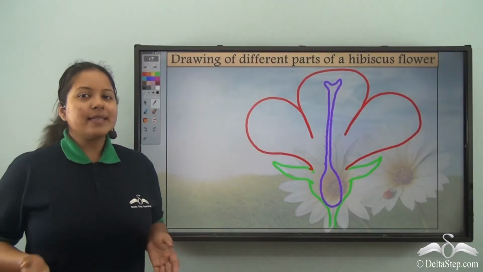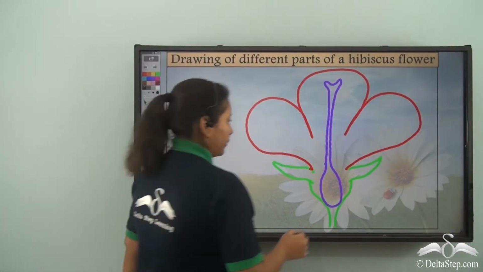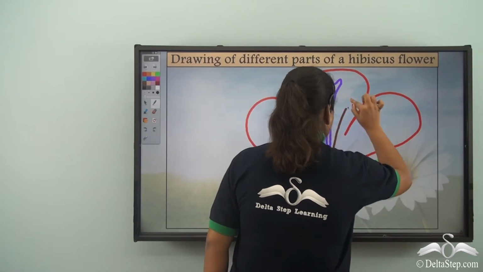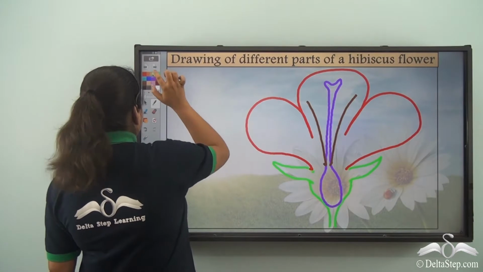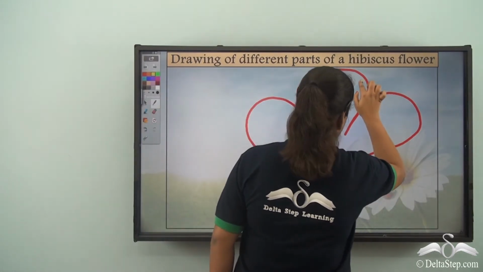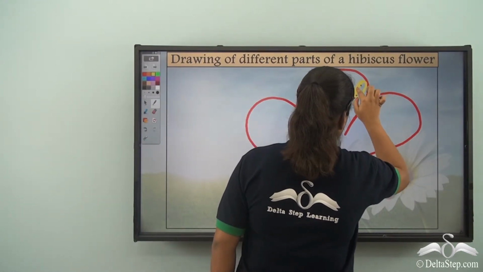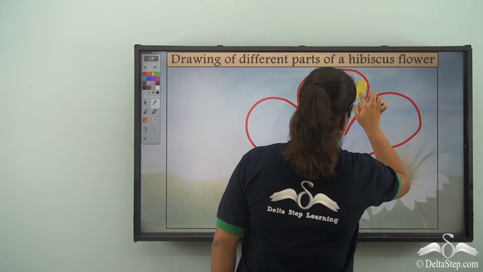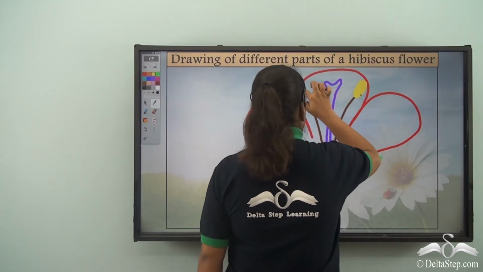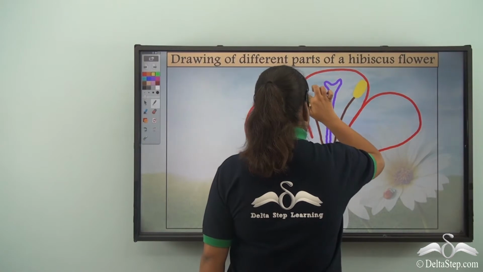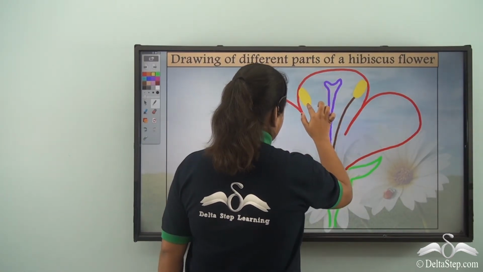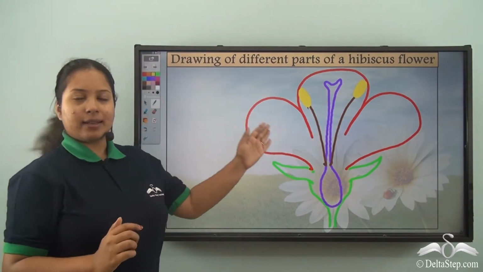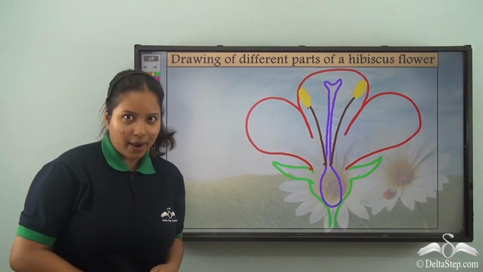So, after this, we have got the male reproductive part. See, these are the male reproductive parts.